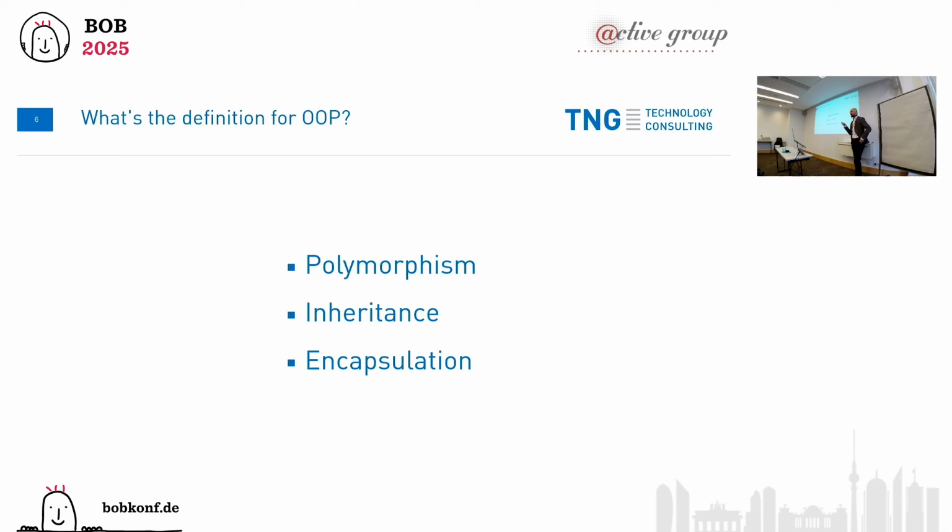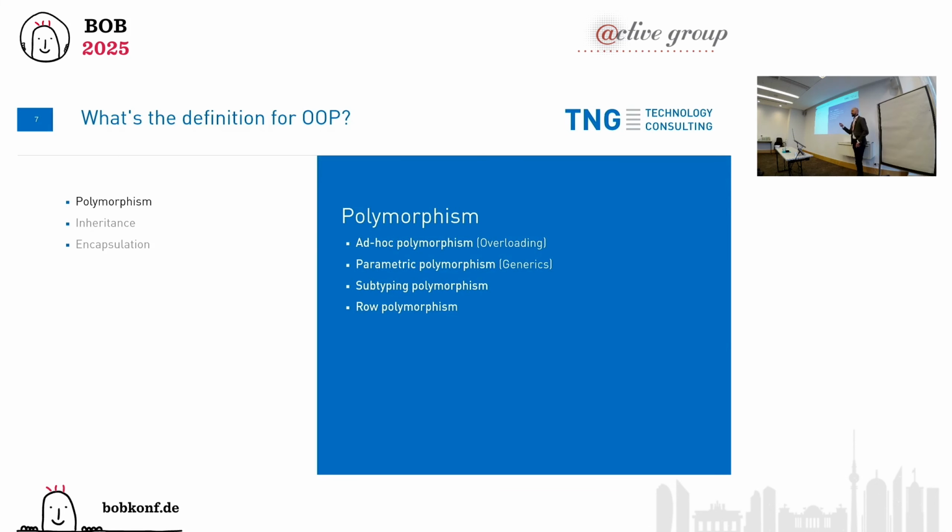But let's scrutinize these three terms a bit. So polymorphism. There are multiple types of polymorphism: parametric, ad hoc, row polymorphism, subtyping. When we are talking about OOP, we usually implicitly refer to subtyping polymorphism.